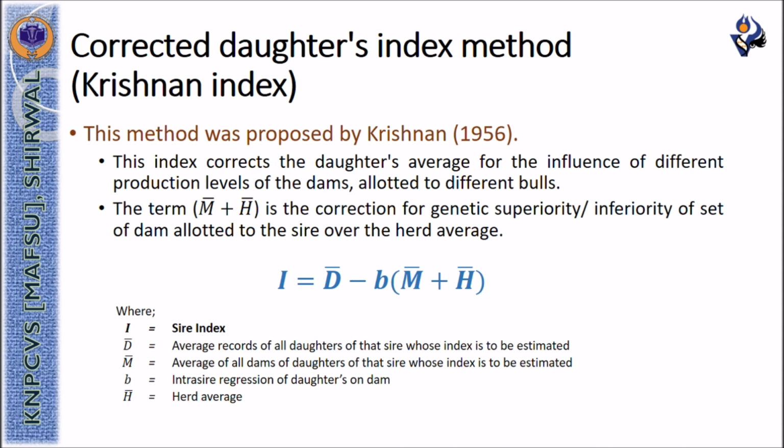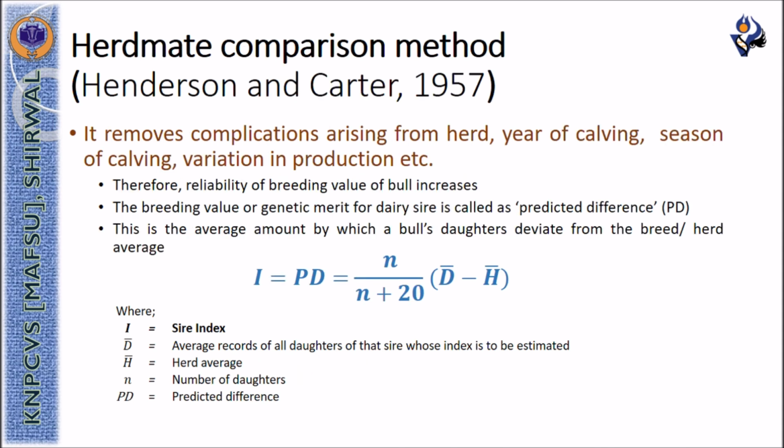Henderson and Carter proposed herd-mate comparison method to estimate the index value or the predicted difference of the sire as n divided by n plus 20 multiplied by D bar minus H bar, where n is the number of daughters.